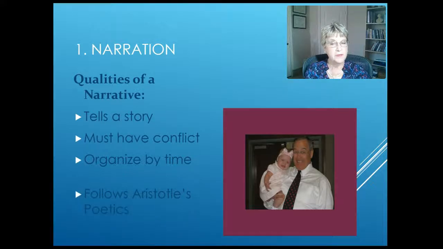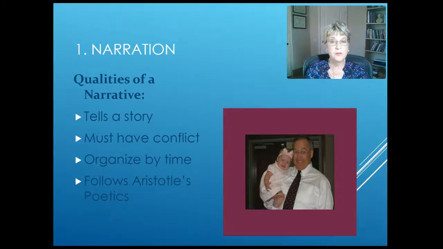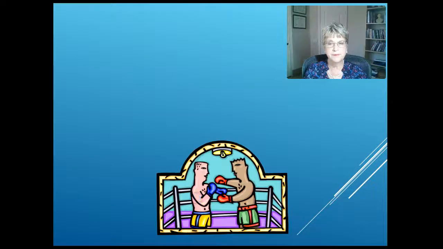Now, you can begin the story in the middle, you can begin at the end, and flashback, or you can begin at the beginning, but you still have those constraints of time. We follow Aristotle's Poetics, and I know you're familiar with the schema of Aristotle, but we'll also review that.